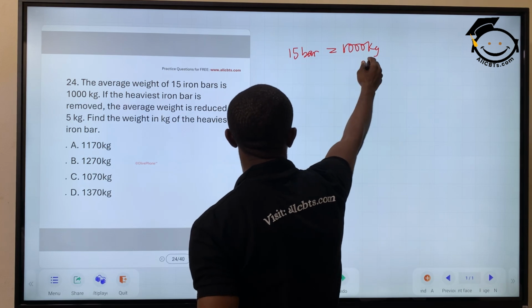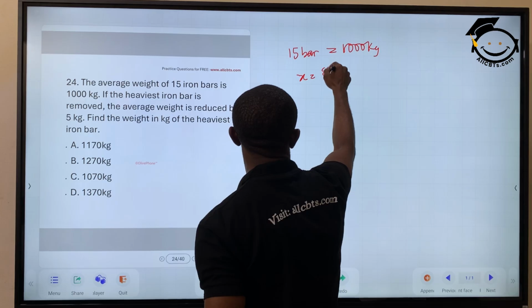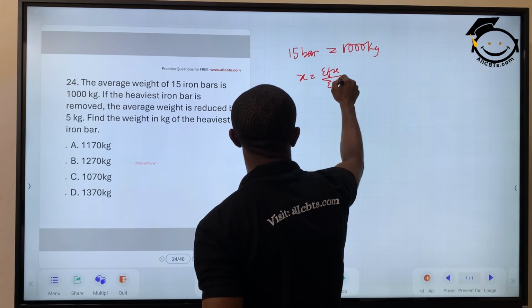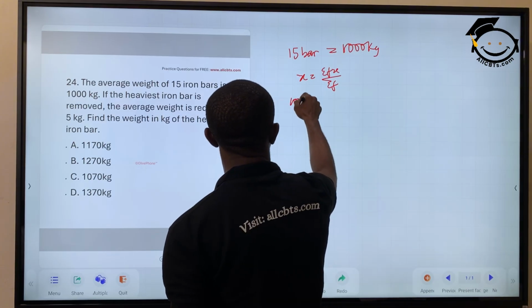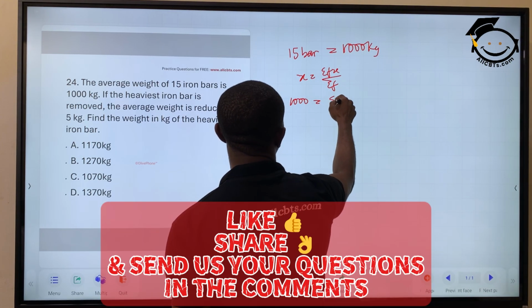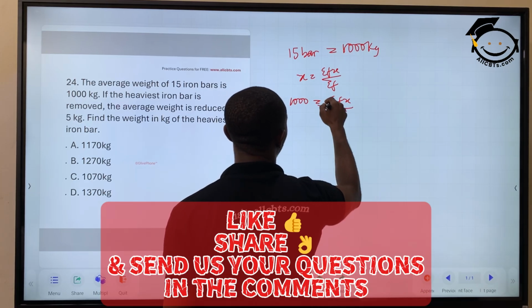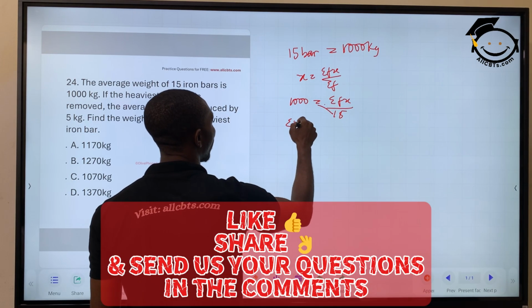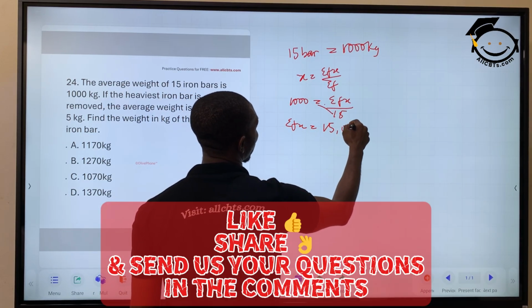Alright, for us to find the mean, we have x bar equals sigma fx over sigma f. In this case, our average is 1000 equals sigma fx over 15. So our sigma fx here will be 15 times 1000, which is 15,000.